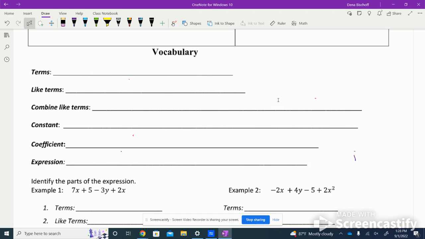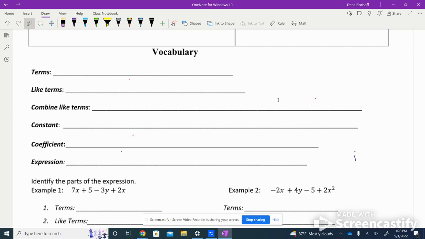What does coefficient mean? What do you think, Tyler? No idea? Maddie, what do you think? Have you heard the term coefficient before? Everett, what do you think? A variable is a variable, but the coefficient is close to the variable.